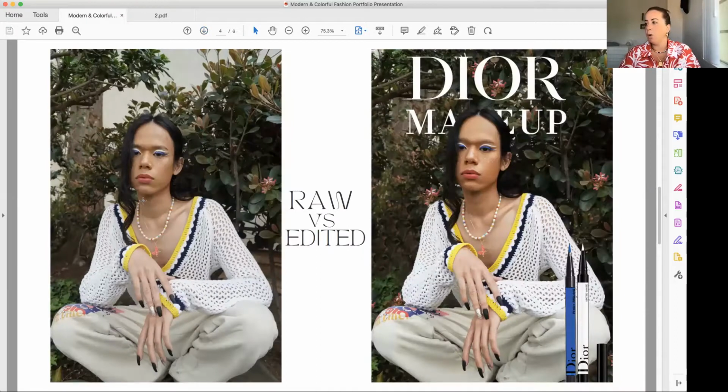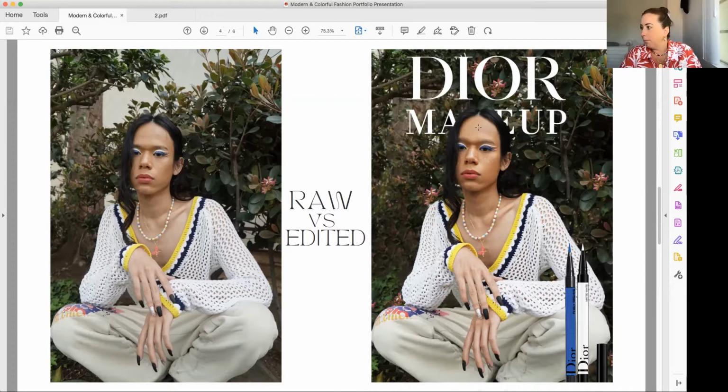Okay, and then our raw versus our edited image, right? We have a raw image where there's nothing done to the picture. This is what the student started out with. And then we have an edited image where the student has added more greenery in the background, more flowers. They've added the copy of the Dior makeup, so now we know exactly what they're selling.